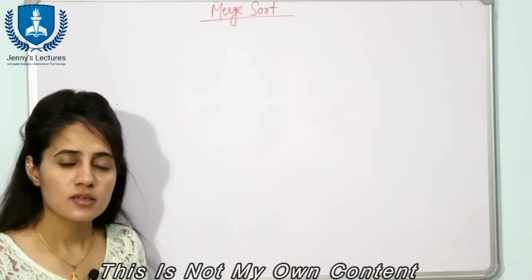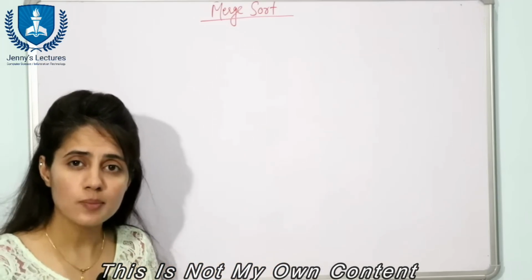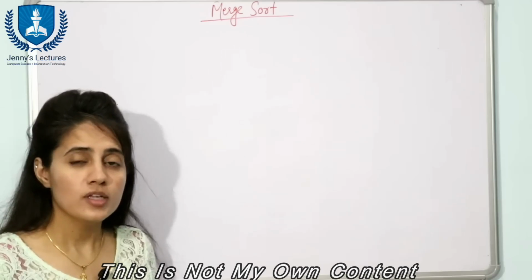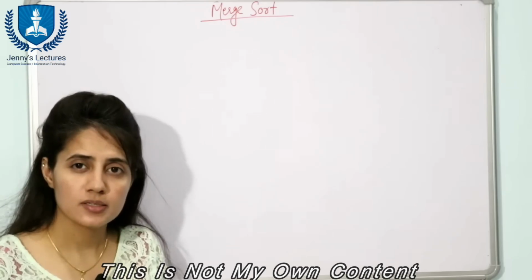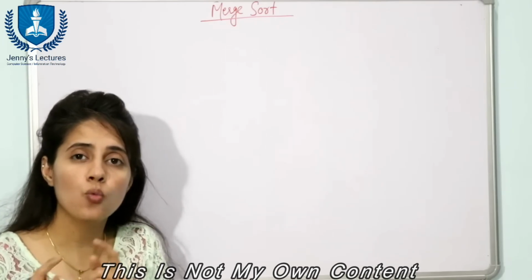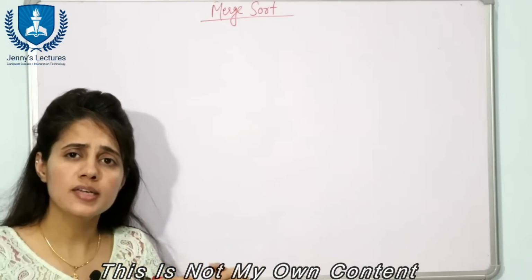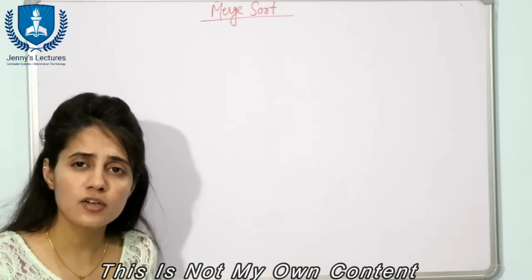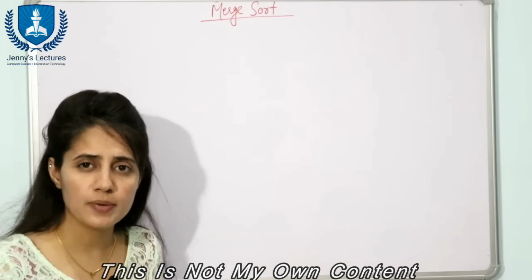In this case the complete array, or you can say the complete list, is divided into sublists, or you can say into n sublists, each having one element. We keep on dividing the list into sublists until we get sublists having one element only.